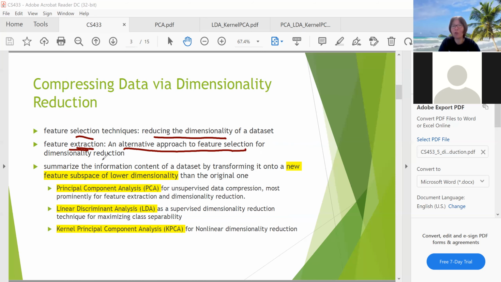And of course, it can also save space, etc. Feature extraction transforms the data onto a new feature subspace of lower dimensionality. Not like a kernel, which transforms into higher dimensionality. Here extraction converts it to lower dimensionality.